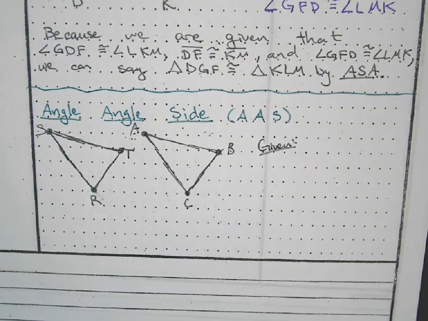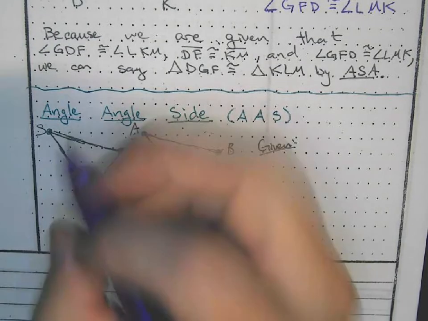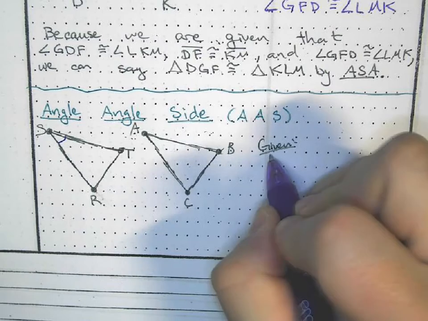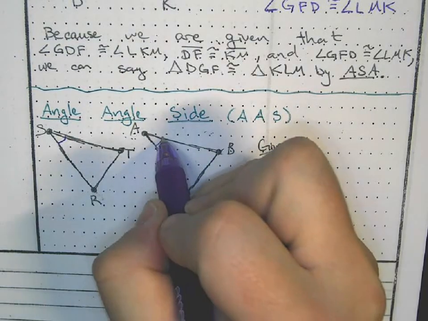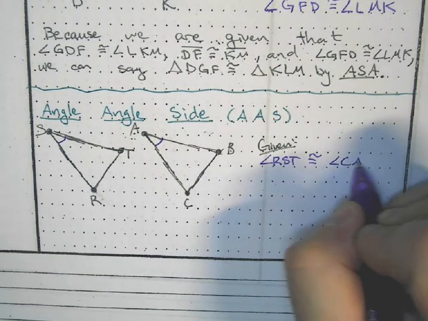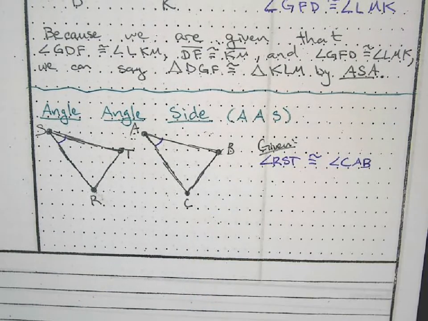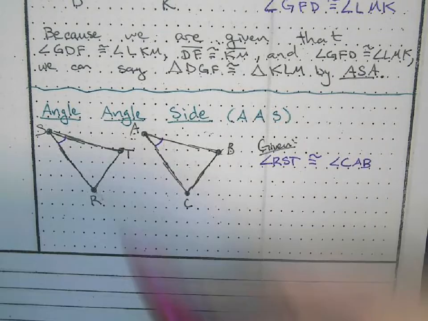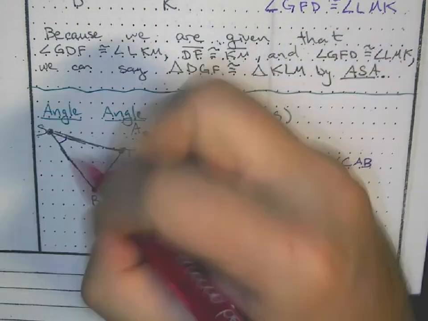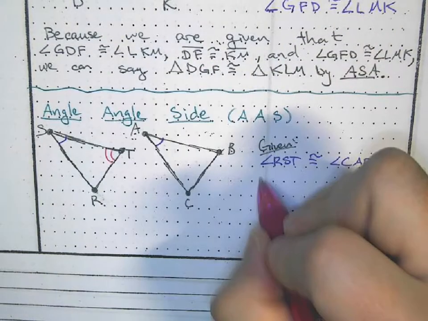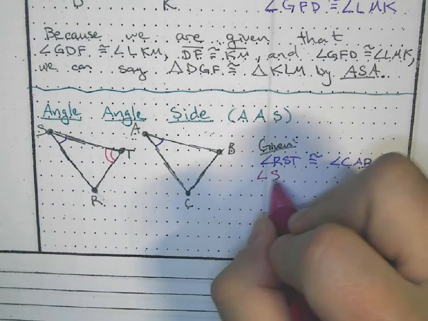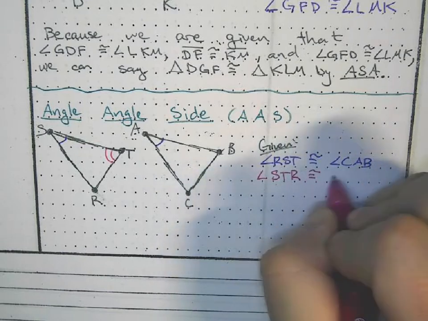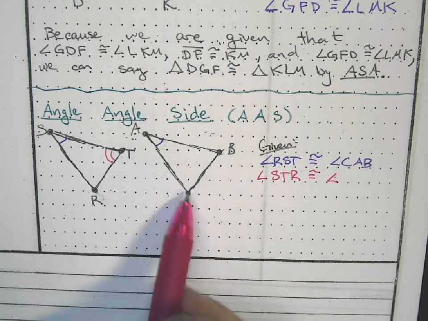We're given this information. We'll be given that angle RST is congruent to angle CAB. And then we'll be given that angle STR is congruent to angle ABC.